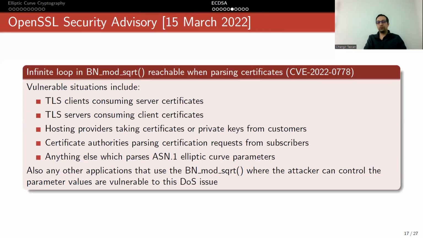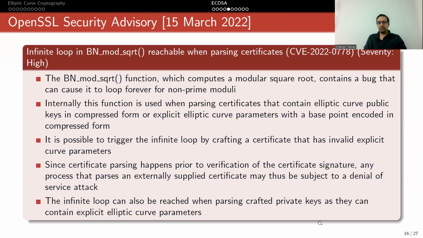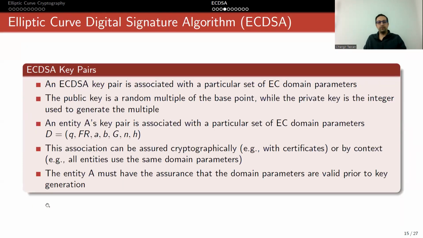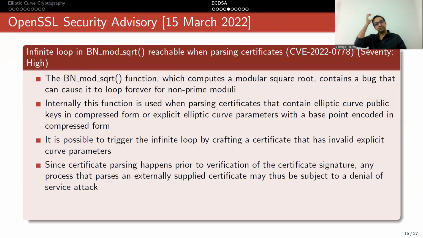Okay, so as you can see in academic papers or anywhere, we always write this. Here we say that the entity A must have the assurance that the domain parameters are valid prior to key generation. So when you take a certificate, you should check if the parameters are correct. If you parse it without checking, as OpenSSL did, a fantastic denial of service attack happens.